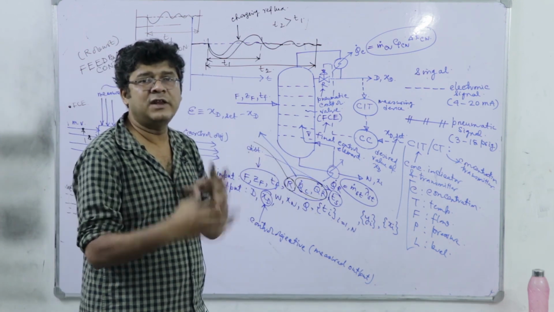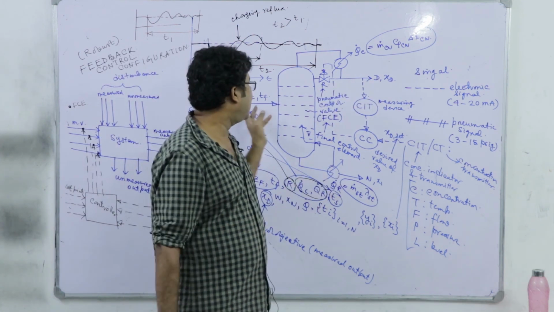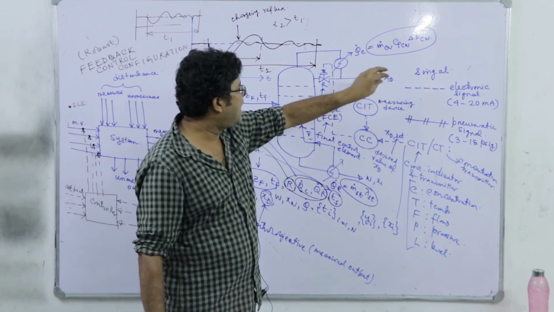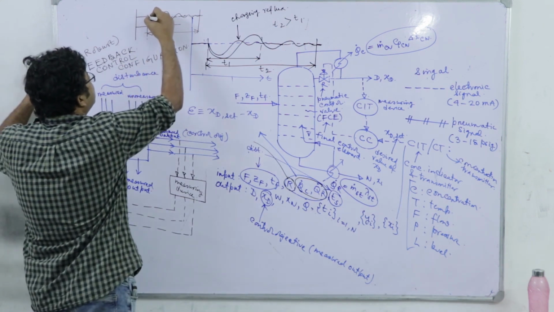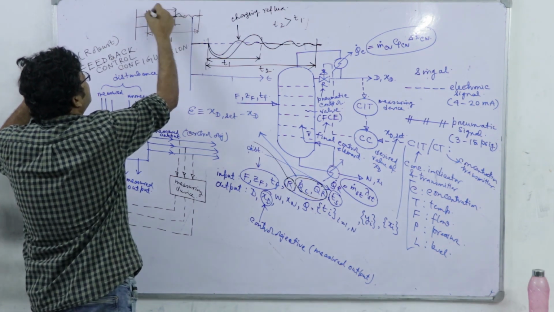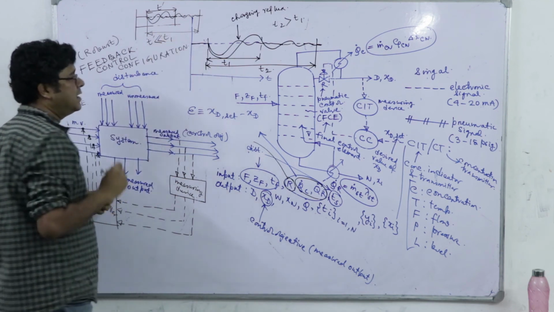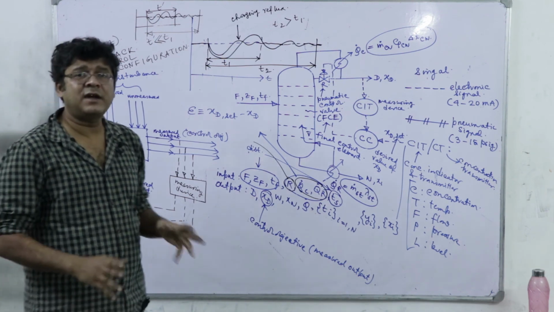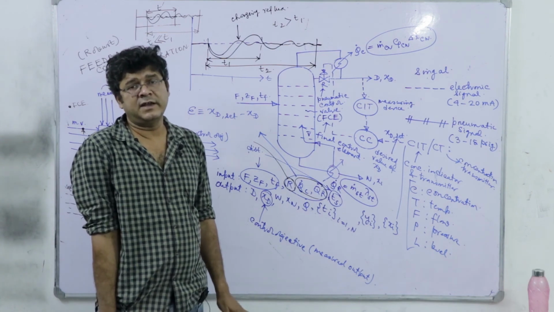So, they will actually neutralize the effect on XD, neutralize each other, and the effect of this change disturbance will be reduced, and the respective time or the respective dynamics will be something like this. So, here it will settle over T prime, with T prime much lower than T1 if I have properly identified the specific disturbance. So, that strategy is called feed forward control strategy, which we are going to discuss in the next session. Thank you.